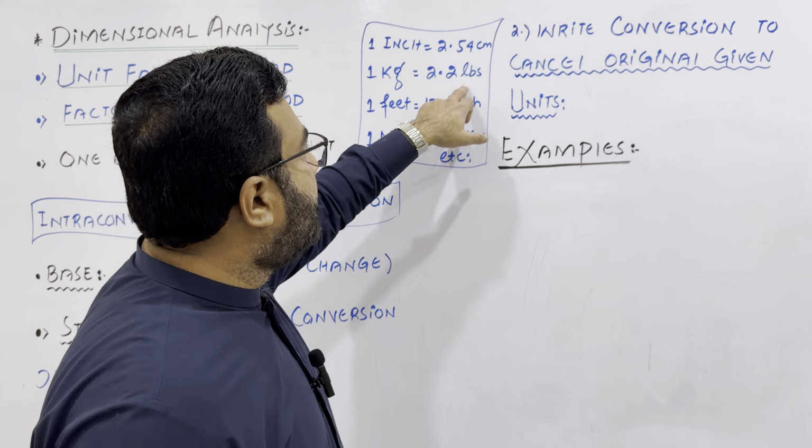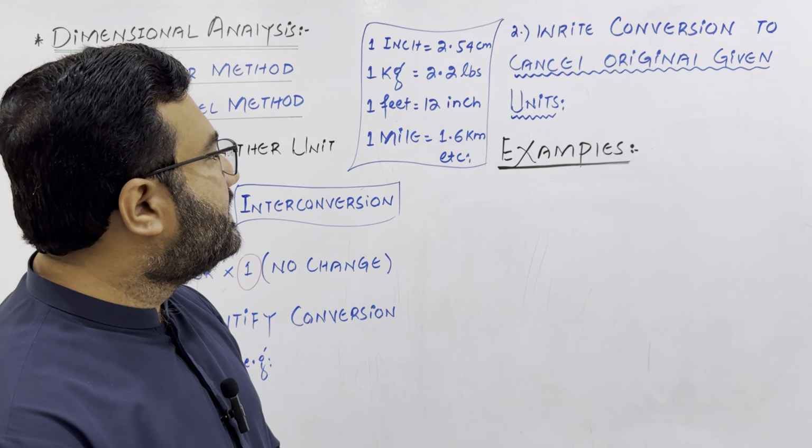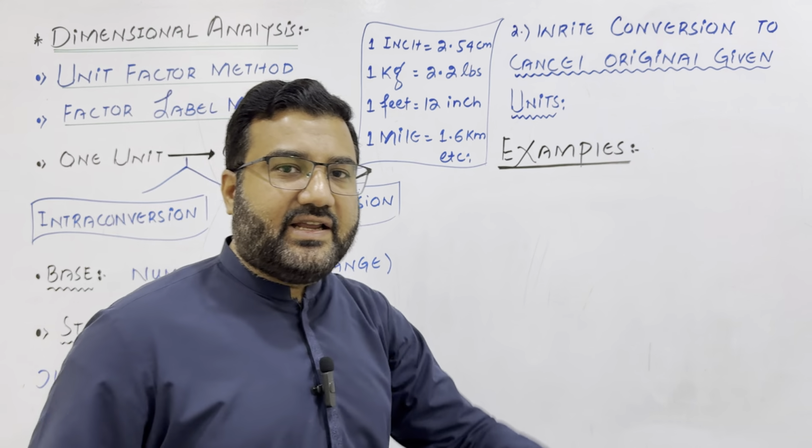Similarly, if you want to convert mile into kilometer or kilometer into mile, you must have an idea of the relation that 1 mile is equal to 1.6 kilometers. And there are so many other examples, like we use different prefixes in the metric system: kilo, giga, micro, nano. So these are the prefixes and you must know what they mean.